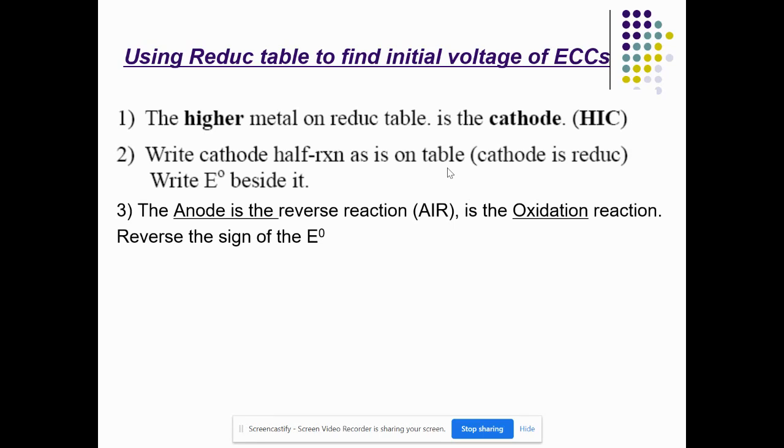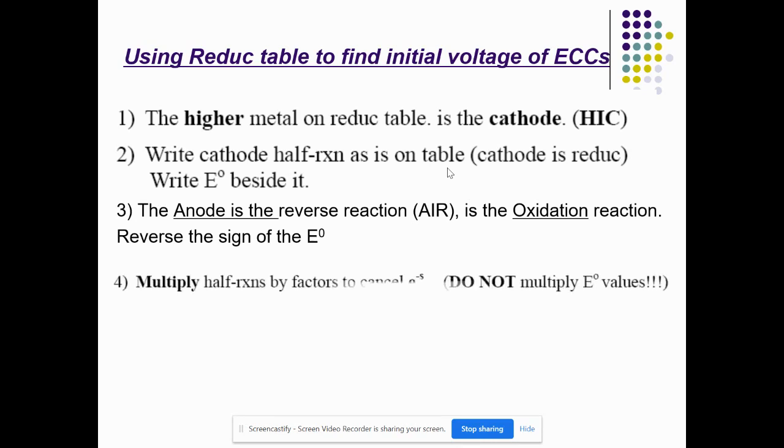So exactly how you see it on the table, that's how you're writing it for the cathode. The anode is a reverse reaction. It's the oxidation reaction. You write it backwards and you reverse the sign of the electron potential. So if it was plus 0.45, then it's going to be minus 0.45 if it's oxidation. All right. Reduction, you write it exactly the same. Oxidation, you reverse the sign.